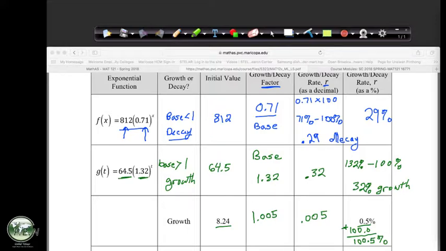Questions there? Did that throw anybody? A little bit. It should have. It throws me all the time. What did you do to get the 0.005? So what I did is, to get this one, I take what they gave me as 0.5% and I divide it by 100.